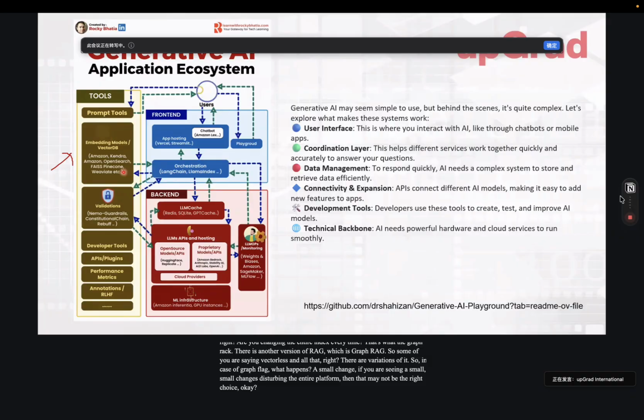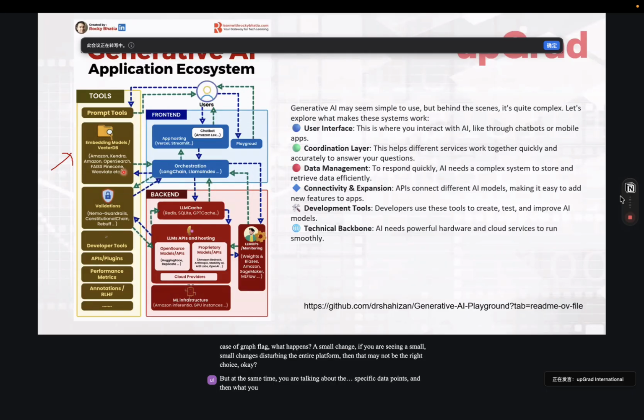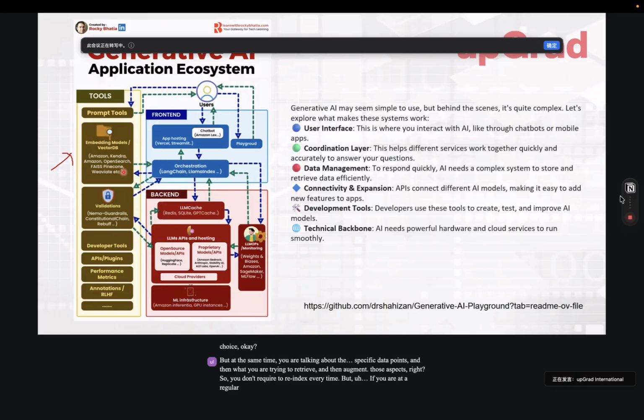At the same time, you are talking about specific data points, what you are trying to retrieve and then augment. So you don't need to reindex every time, but at regular intervals you may want to do a complete reindexing, and before that it can be local as well. Thank you. Okay.